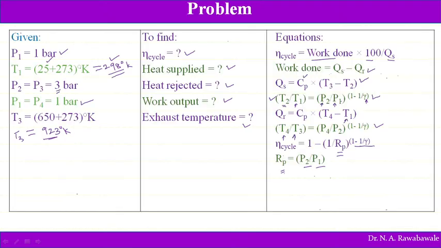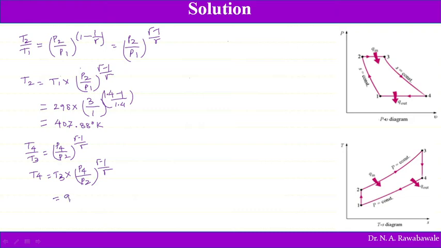Temperature T3 is given as 923 degree Kelvin, into P4. Pressure at 4 is equal to 1 bar. The pressure at point 2 is equal to 3 bar, to the power of 1.4 minus 1 divided by 1.4, bracket close.